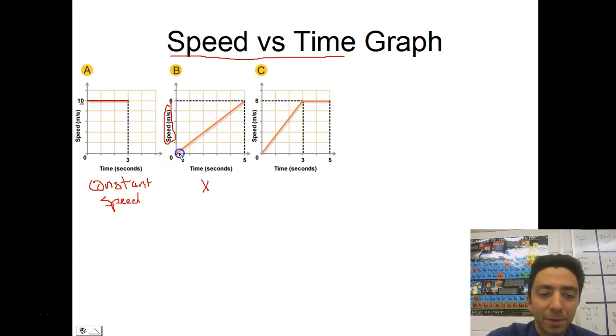If we have a graph that's got a positive slope, like this one has a positive slope, the slope of that line, and remember slope is rise divided by run. If we have a positive slope like this, that means that we are accelerating.